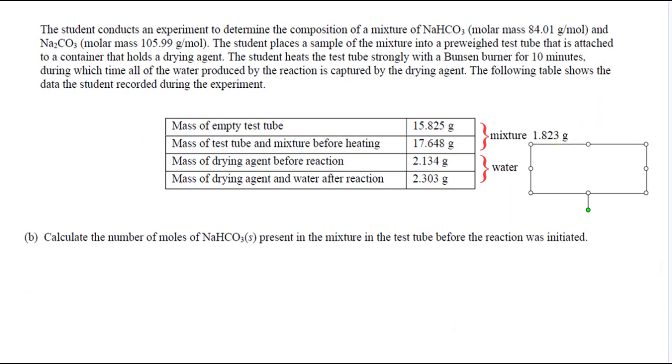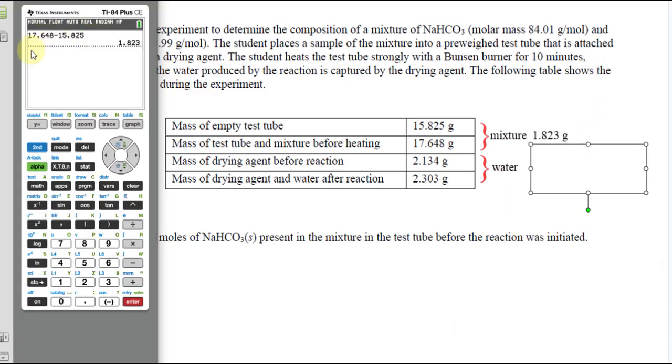Let me double check that. It's worth doing, especially in subtraction when you've got all these values. It's easy to mix them up. 17.648, 15.825, 1.823 grams. Note that we are doing a subtraction, so we don't worry about significant figures. Instead, we look at columns, and this subtraction is good to a milligram. That's a good balance. So we leave that milligram value in there.